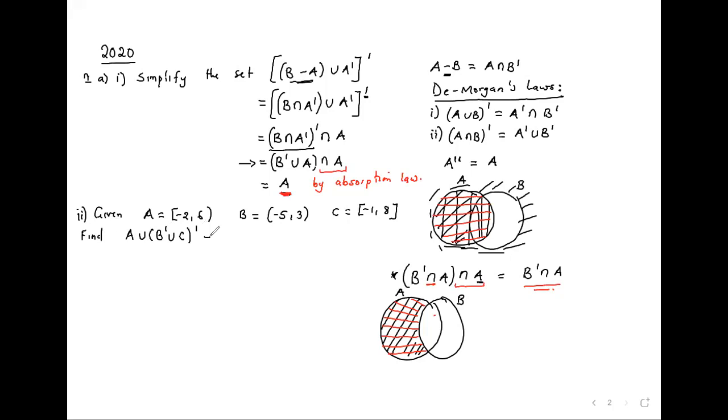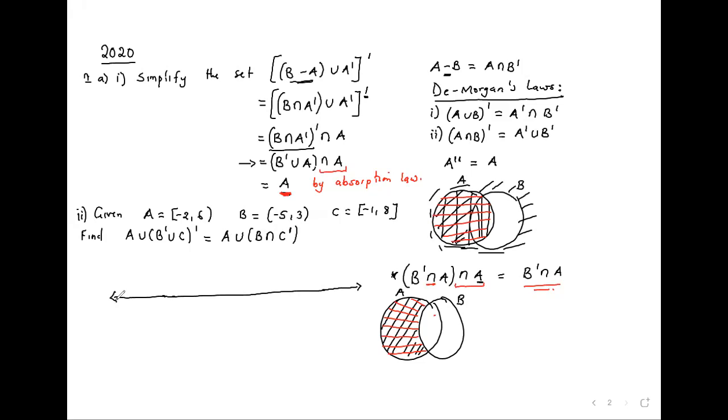You can simplify this one step and say A union B intersection C complement. The easiest to use is a number line. Even if no one has asked you to use a number line, it's the easiest to use.